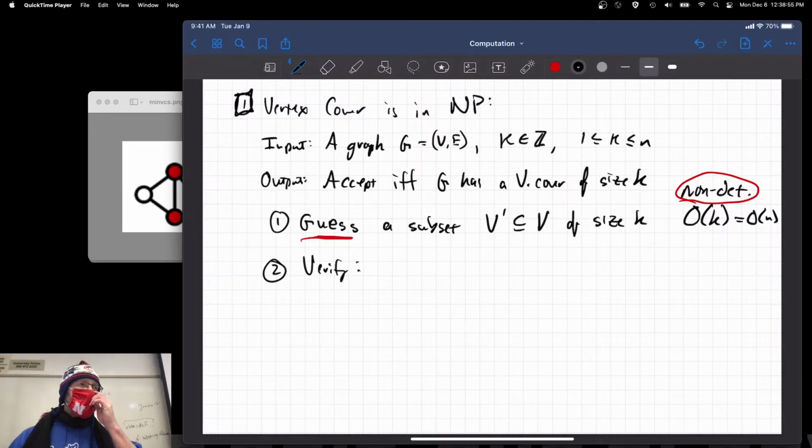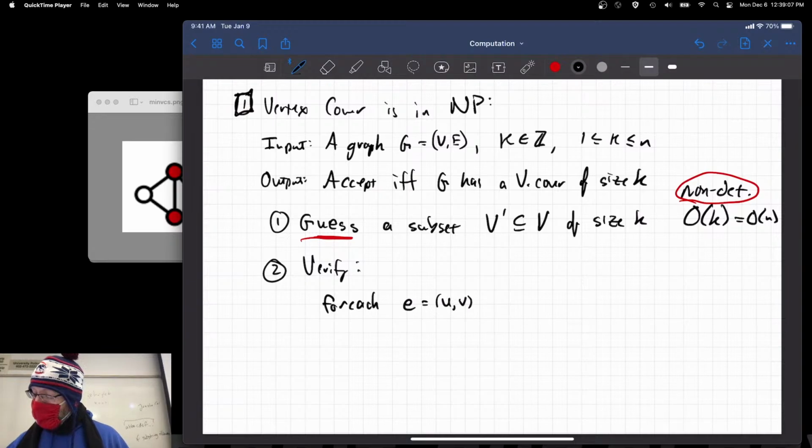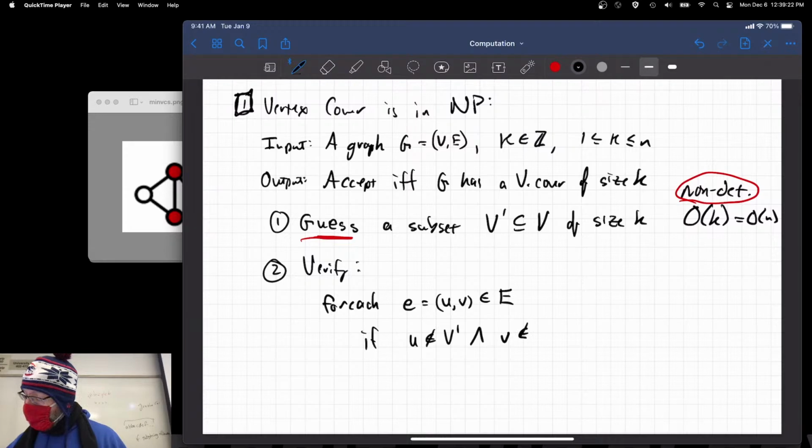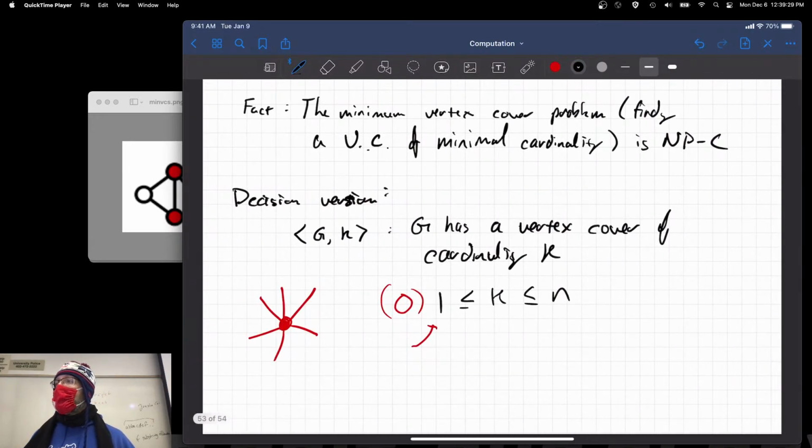We verify by simply checking that every edge is covered by at least one vertex in that vertex set. So for each edge e equals (u, v) in the edge set of the graph, if u is not in V prime and v is not in V prime, then this is exactly the negation of the definition that I just gave you.